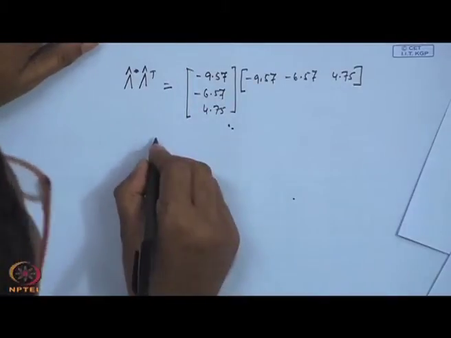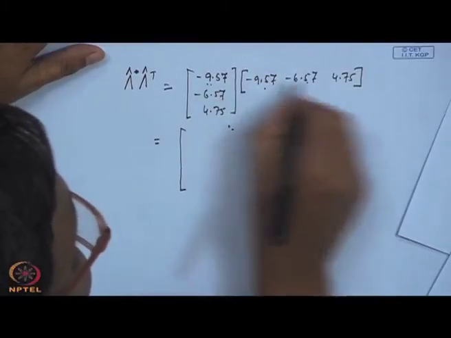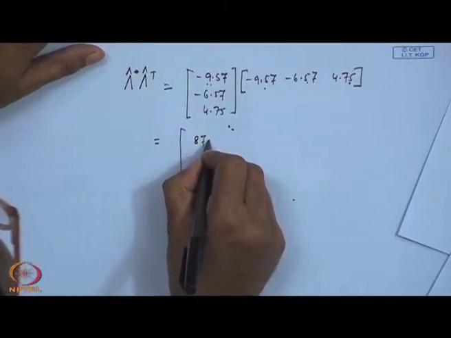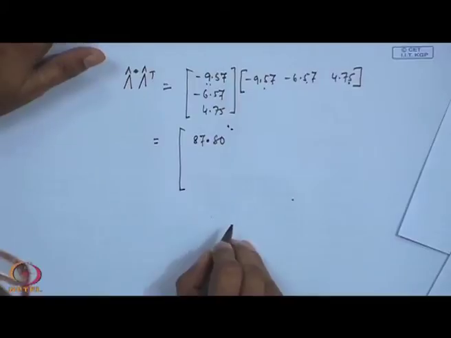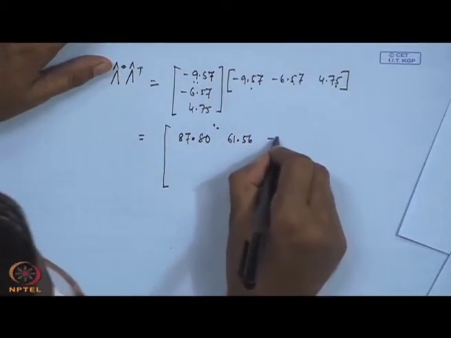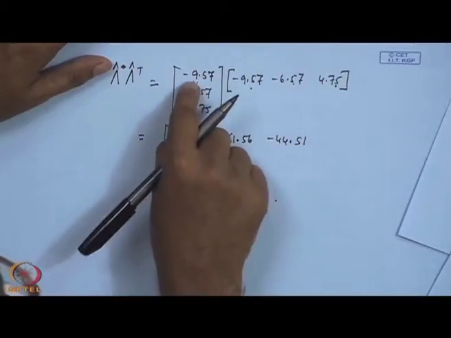The values are, when we estimate this into this, this into this, this into this, like this. So ultimately you will be getting 87.80, 61.56, minus 44.51. How do we get this?